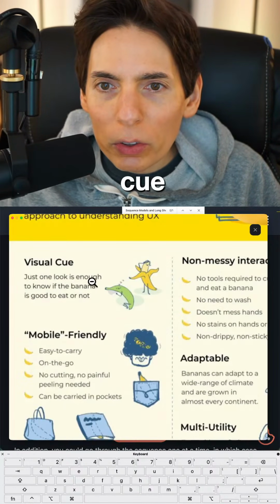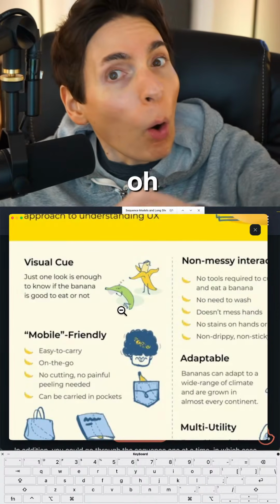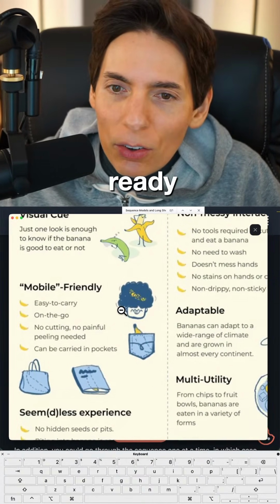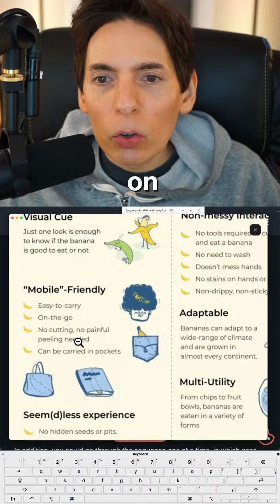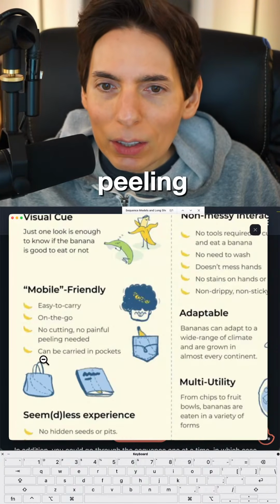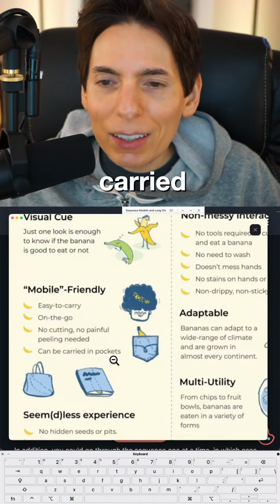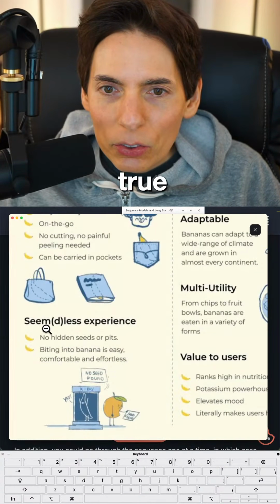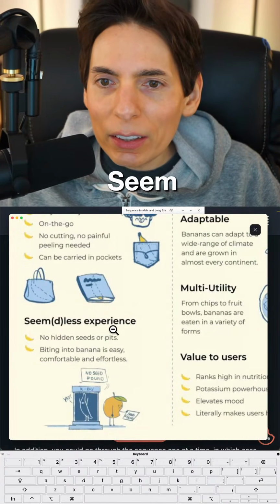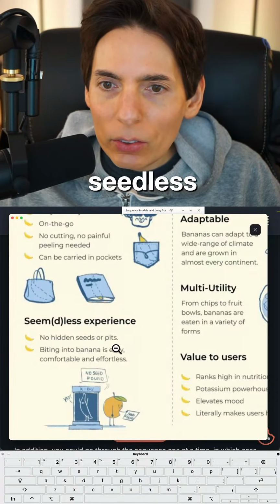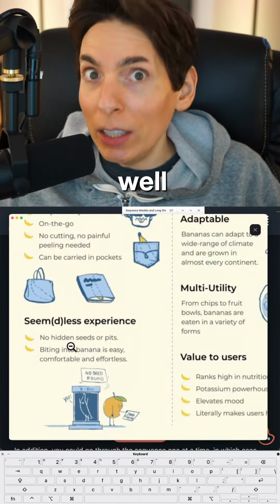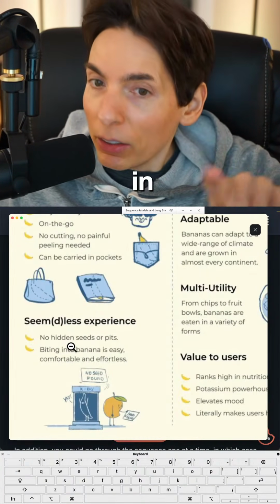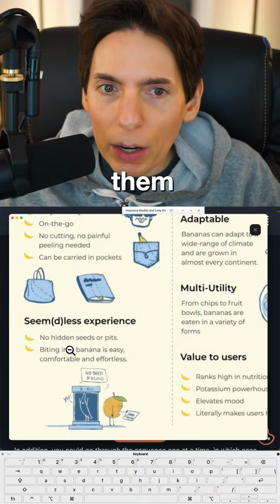Visual cue. Just one look is enough to know if the banana is ready to eat or not. Oh, good point. Easy to carry on the go. No cutting is painful. Peeling's easy. Can be carried in pocket. That's true. Seamless and seedless. No hidden seeds. Well, there are seeds in bananas, but you can eat them and they're fine.